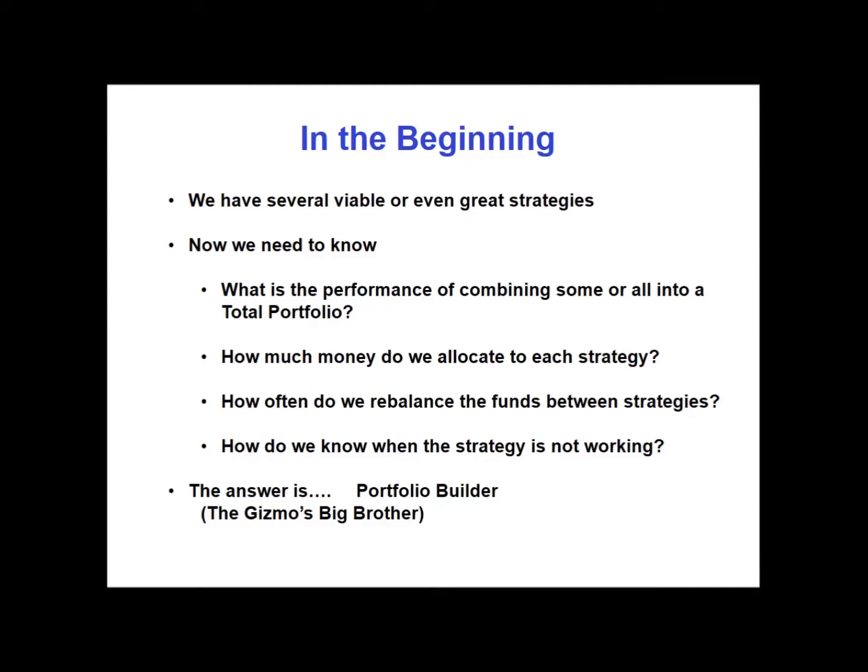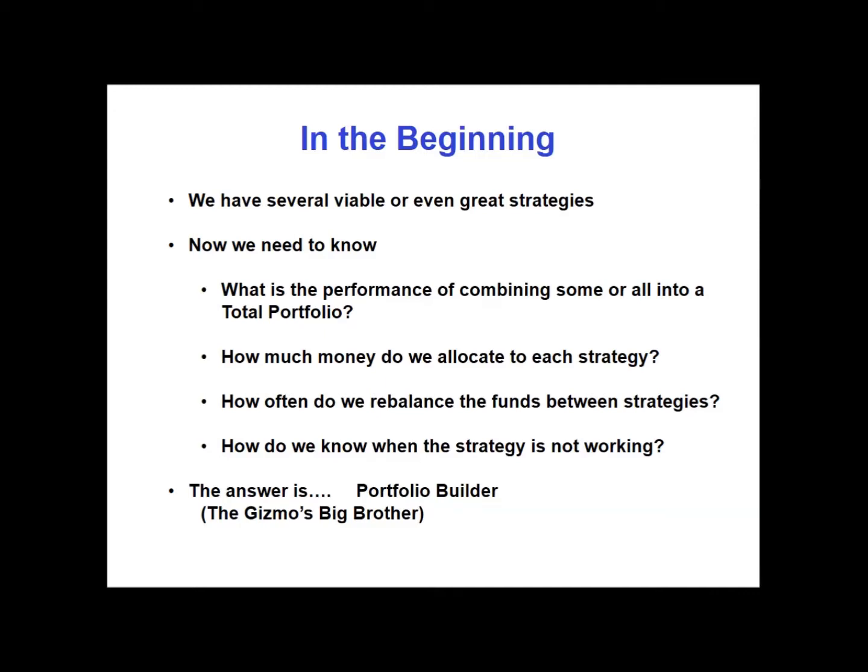Now, I've been working on this off and on for over 10 years. Started with Gene and the VectorVest guys, and we always wanted to try to figure out when a strategy wasn't working, and tried a number of things, and none of them worked, and so I quit for a while.